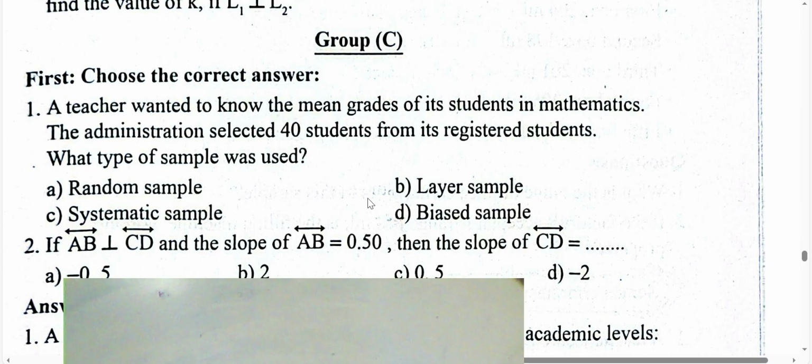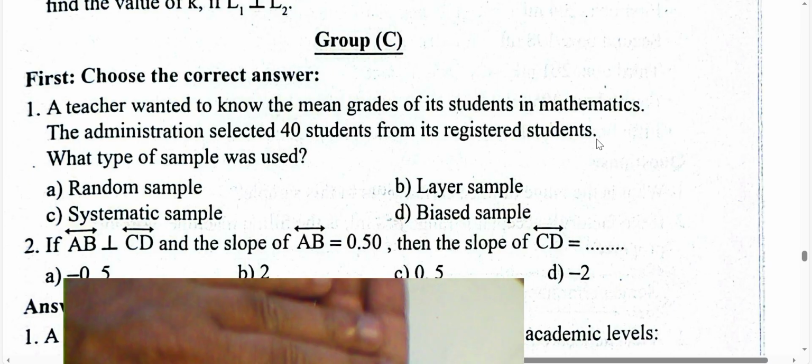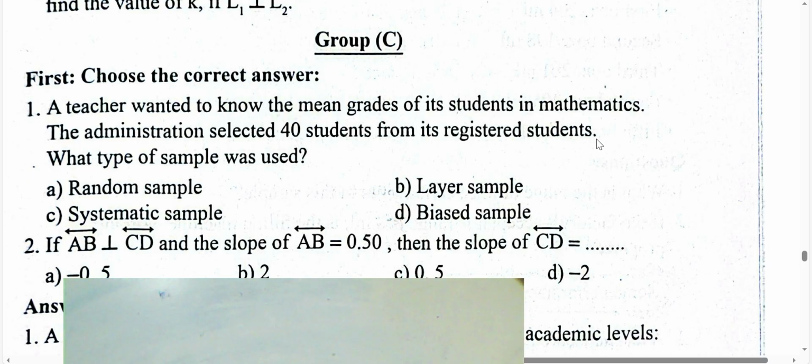Why? Because they are different students from all levels. They give the information about students from the registered students, the names in it. But the names were distributed among all students without knowing the number of students in each class. But the administration selected 40 students randomly. Okay, then the answer will be random sample.